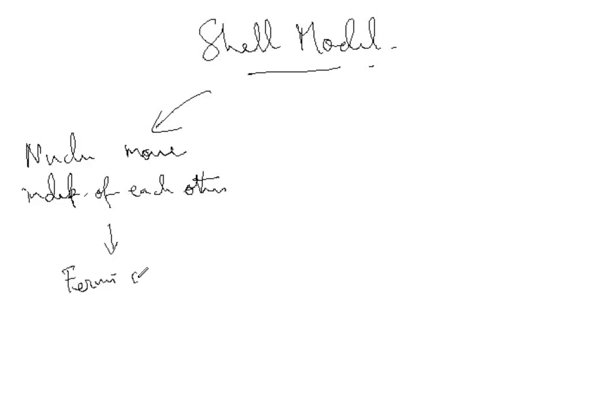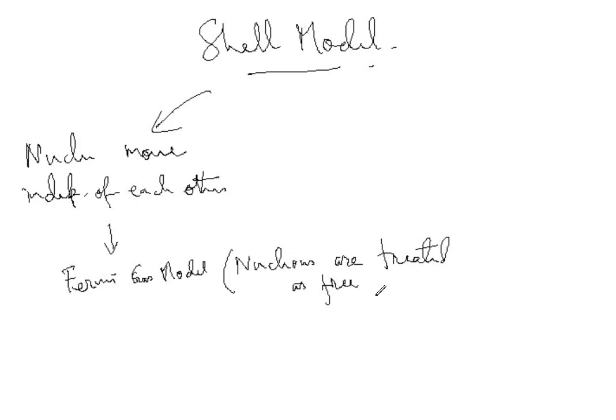There also we have the same concept of independence. However, there is a difference. The difference is that in the shell model, the nucleons are not treated as free particles, whereas in the Fermi gas model, the nucleons are treated as free particles, right?